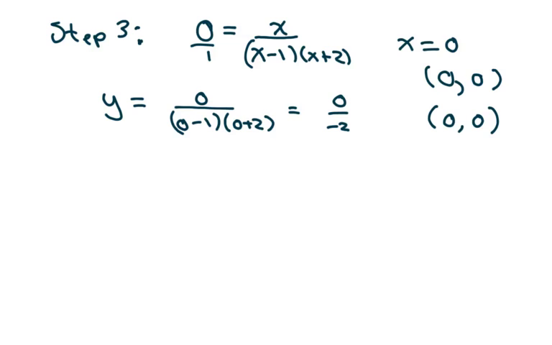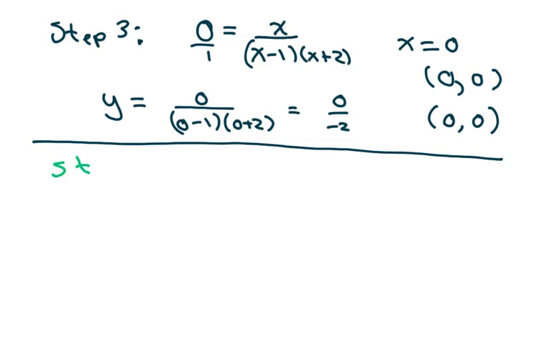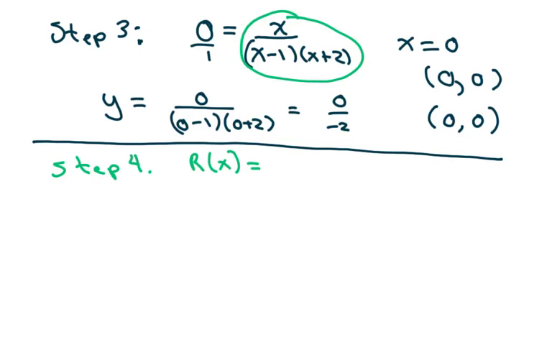Okay, we're going to test for symmetry in step 4. This is where you replace everywhere you have an x with negative x. I think I'm going to rewrite this, it makes it easier. I'll just multiply this out: x squared plus x minus 2. So everywhere I'm going to plug in negative x.